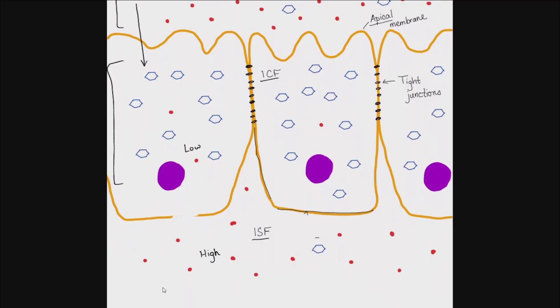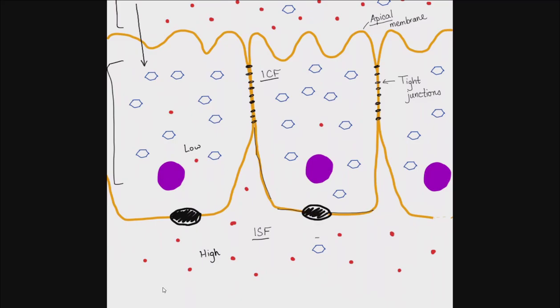I'll put one in every single cell here because that's what kicks the sodium out and keeps the sodium levels low in the cell in the first place. Now technically, I should be dealing with potassium, but I'm ignoring potassium in my current image.